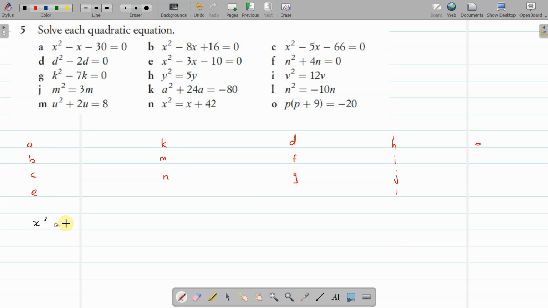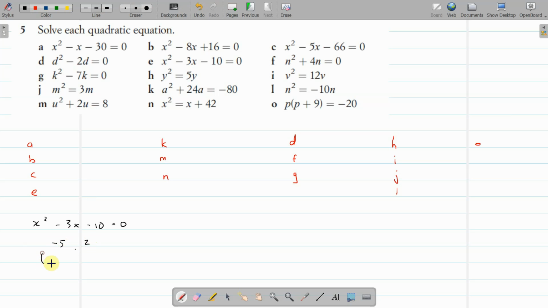X squared minus 3x minus 10 equals 0. Alright, two numbers multiply to get minus 10. One's got to be plus, one's got to be minus, to get minus 3. To make it quick, I think it's plus 5 and minus, no, the other way around. It'd be minus 5 times plus 2.